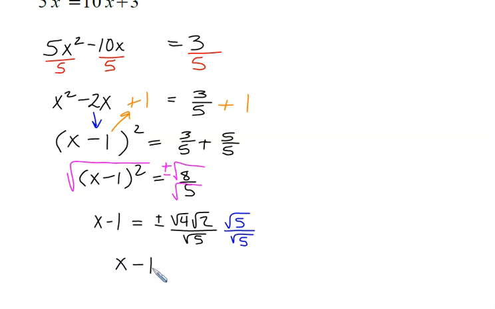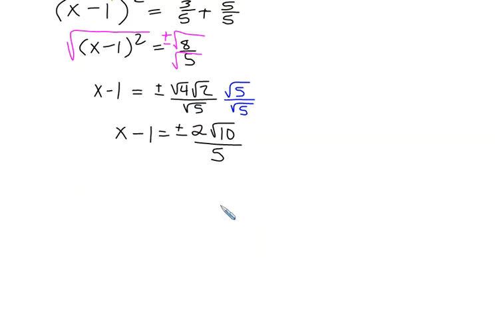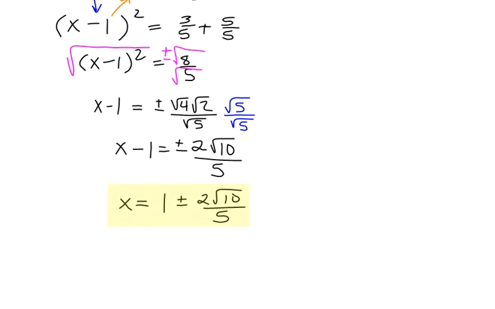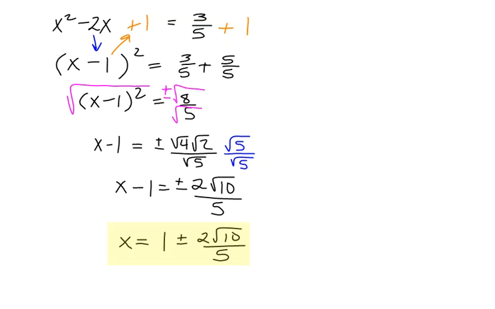This gives us x minus 1 is equal to plus or minus, square root of 4 is just 2, radical 2 times radical 5 is radical 10, and in the denominator, radical 5 times radical 5 is just 5. Add 1 to both sides, and x is going to equal 1 plus or minus 2 radical 10 all over 5. That would be our final answer with the work of solving this equation by completing the square.